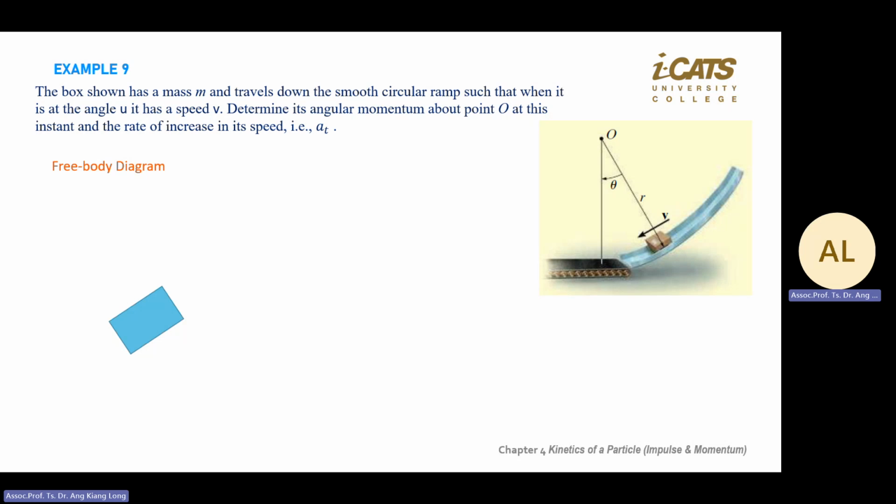If you don't know the angle, you just copy from the diagram. You draw the axes because it's a curvilinear motion, so you draw normal and tangent axes, and copy the angle. Then the weight going down, you can write W equals mg.